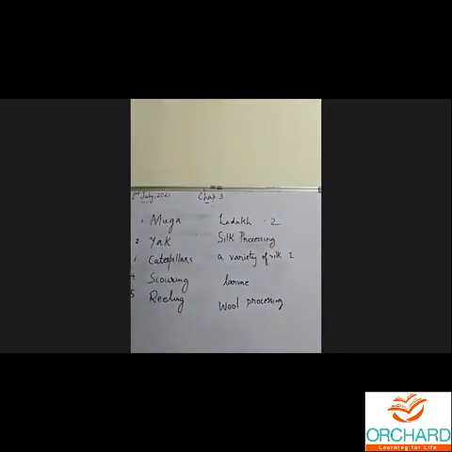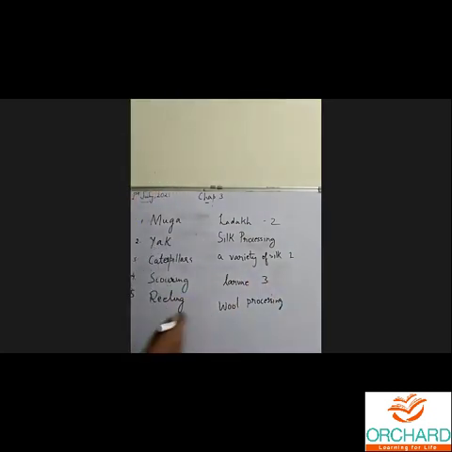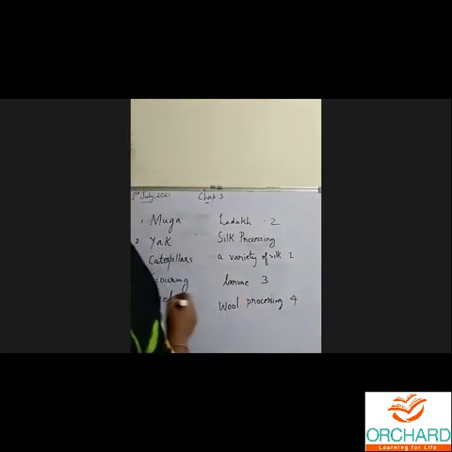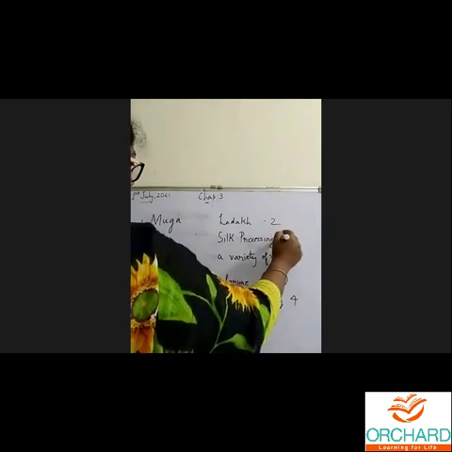Caterpillar is larvae. Scouring is a part of wool processing, right? Reeling is the process where machines are used to unravel the silk thread from the cocoon, so this is silk processing.